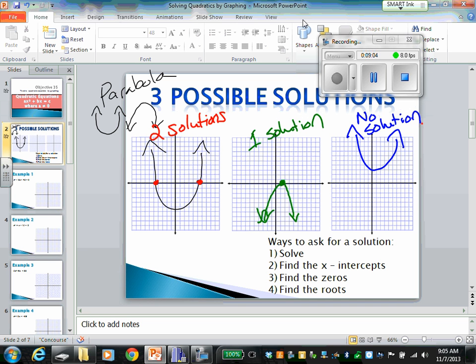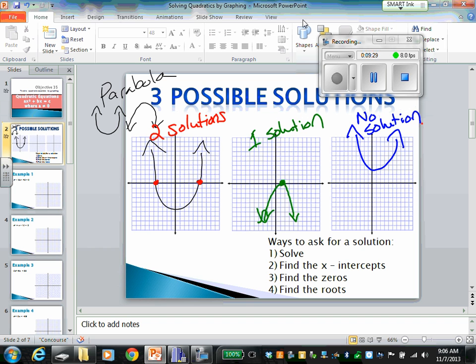I would write them down just so you realize, because the SOL is going to ask you all different ways to do the same thing. Does that make sense? They're just making sure that you realize that all those different ways are the same thing. Like one of them, they'll say solve this, and you figure out where it crosses the x-axis, and the next one they'll say where's the x-intercept?